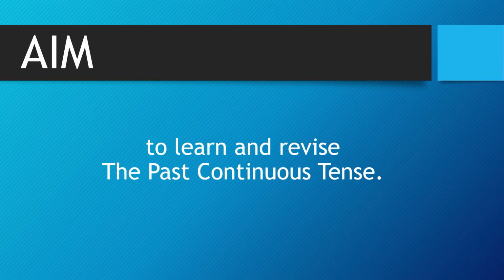Okay, the aim for this lesson is to learn and revise the past continuous tense, which means by the end of this lesson, you should be able to use past continuous tense correctly.